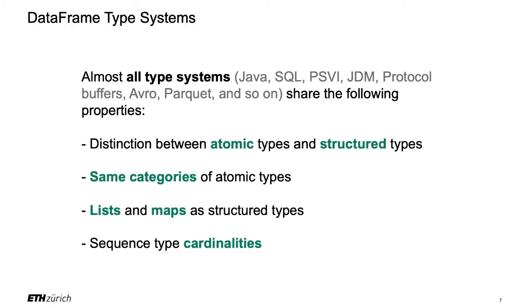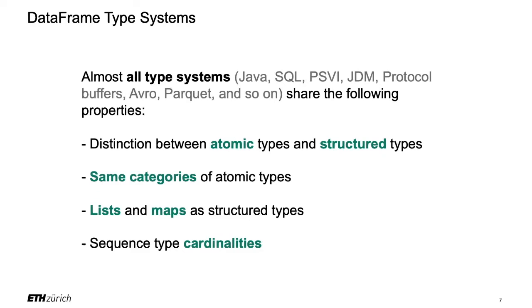In Python, you have dictionaries, dicts, and you have lists as well. These are the structured types, and you have the atomic types as well. Okay, so you have this distinction. Second, you have the same categories of atomic types. We'll do a quick survey. They don't exactly have the same types, but more or less the categories are the same. So you just need a general understanding of what to expect.